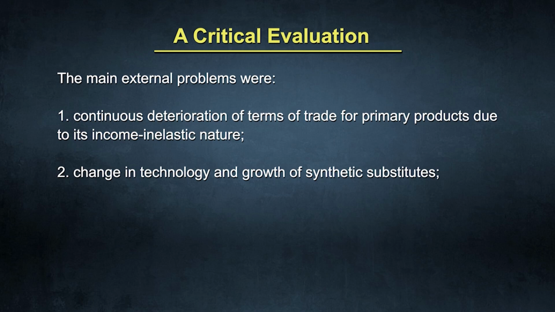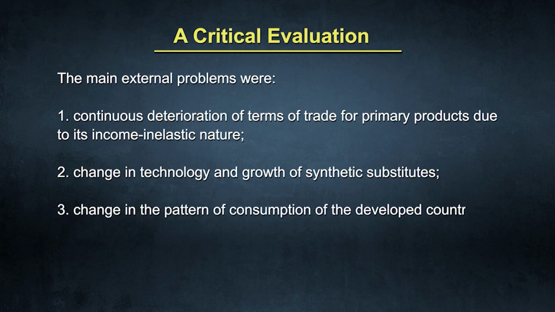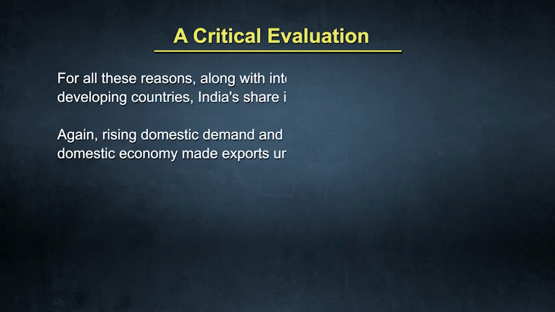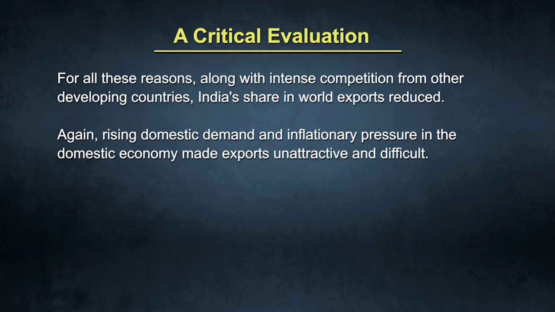Then change in the technology and growth of the synthetic substitutes of these products, change in the pattern of consumption of the advanced world, and also particularly various tariff and non-tariff measures that were imposed on India's or other developing countries' exportables. Now, for all these reasons, along with the intense competition with the other developing countries, India's share in world export of primary products declined.